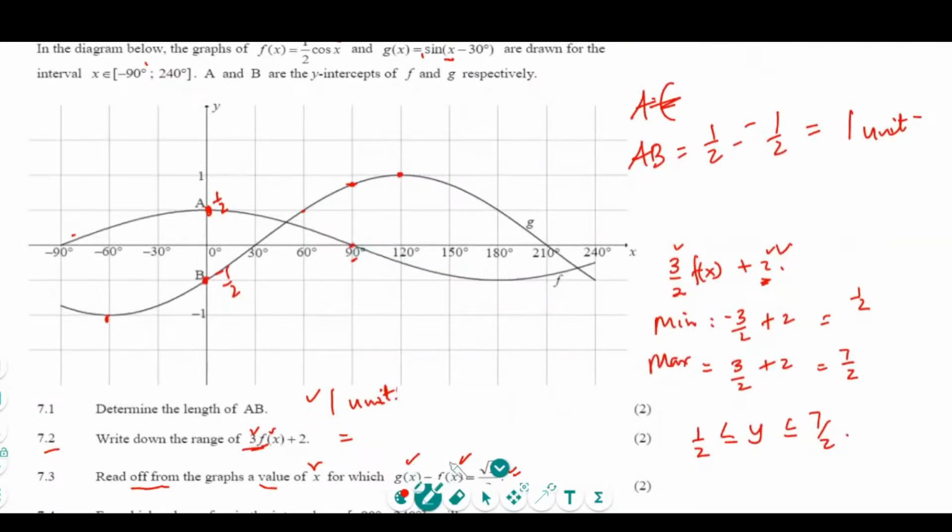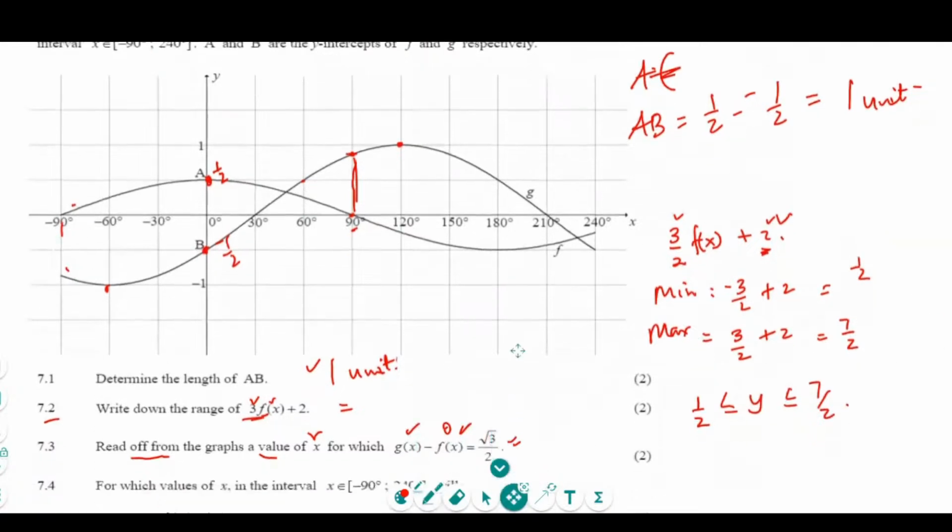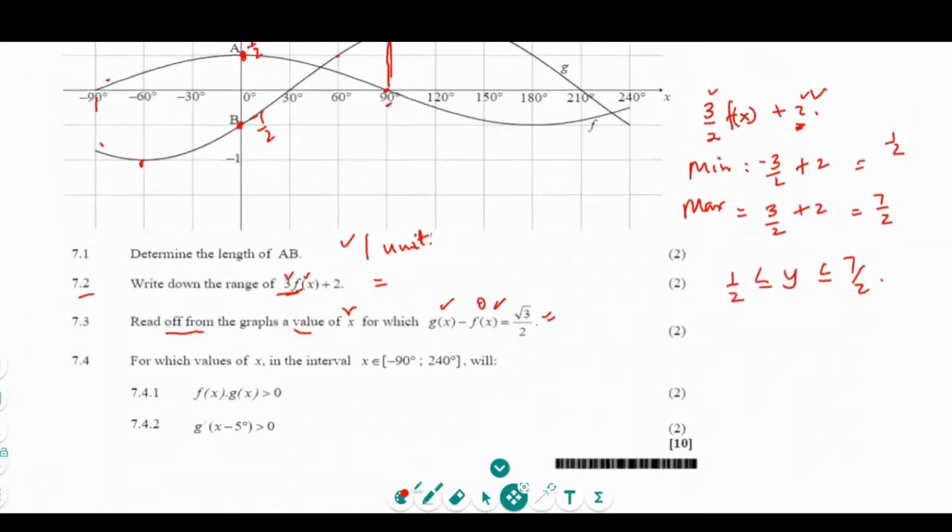So which means g of x minus the 0 of that equals root 3 over 2. So this answer is what we need. I'll not use the negative one because it's the other way around. Okay, so in this case, my x is going to be 90. If you look at the negative 90 of it, it's just more or less the same thing, but then f will be on top and not g.